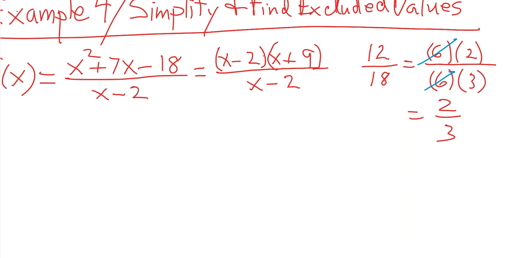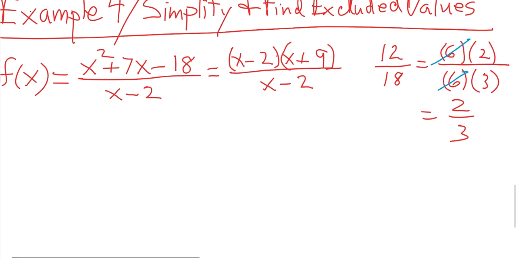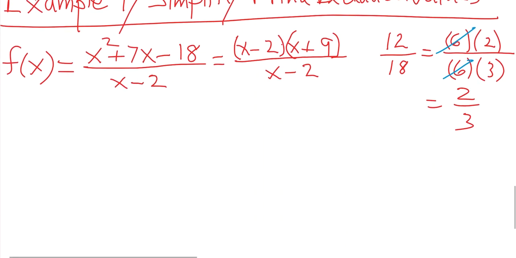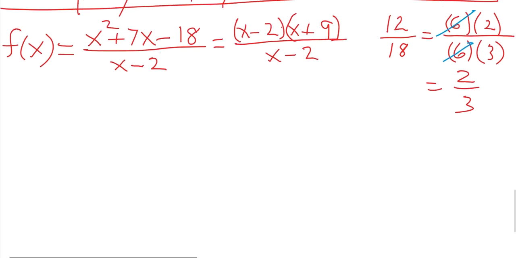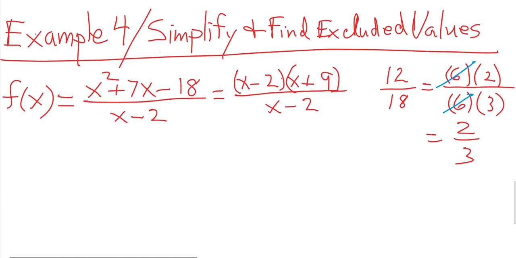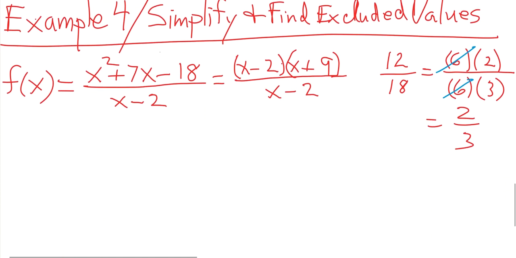But before we cancel it, I want you to notice that we have a variable in the denominator, and the denominator has the potential to be equal to 0. If it is equal to 0, then the function becomes undefined at that point. So we ask ourselves the question, okay, what value of x down there in the denominator would cause this to be 0?